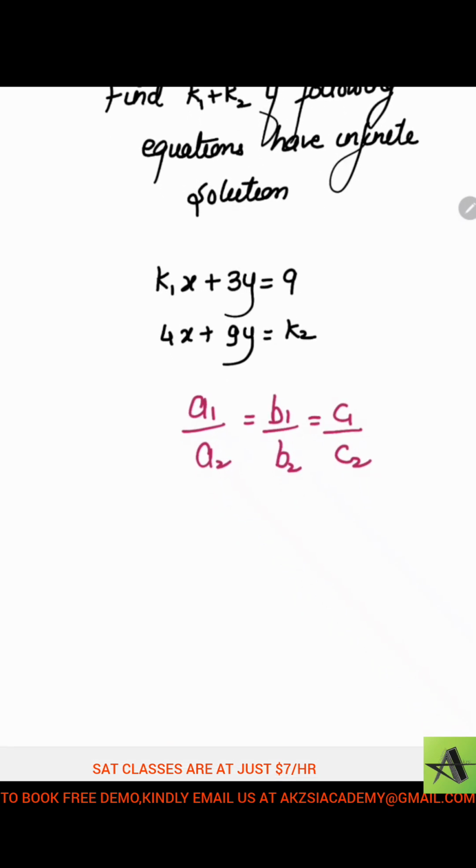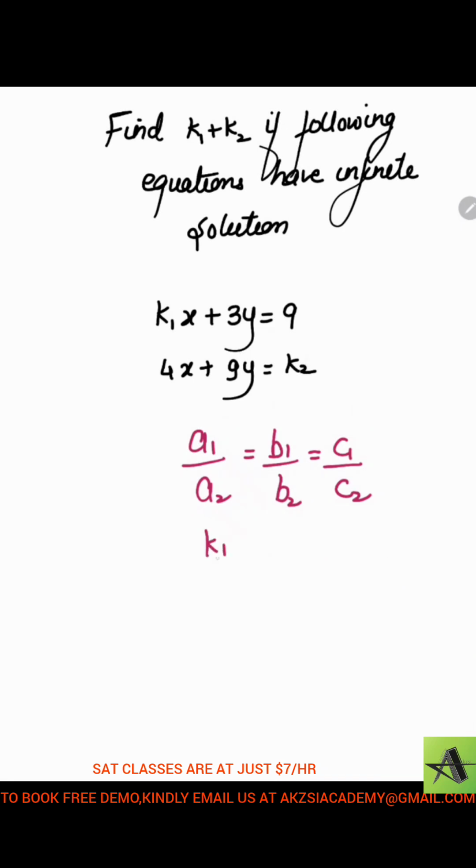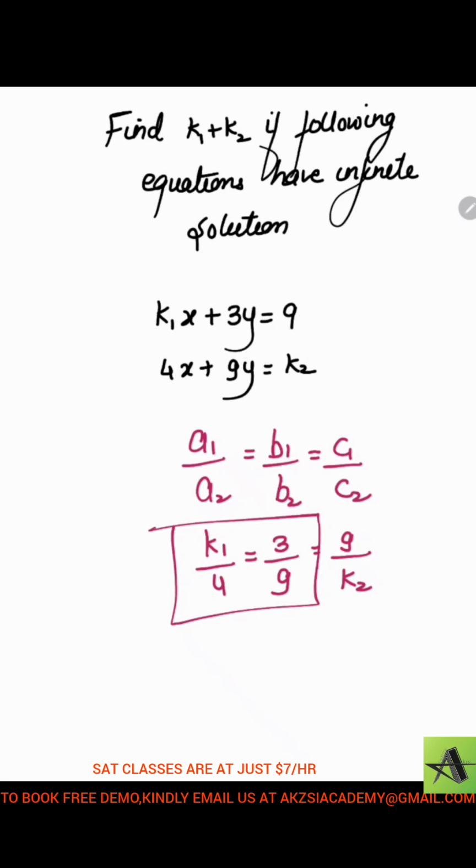So a1 over a2 is k1 over 4, which should be equal to b1 over b2, which is 3 over 9, which should be equal to c1 over c2, which is 9 over k2. We cannot find all equal at one place. We have to take two at one time, that means two fractions at one time.